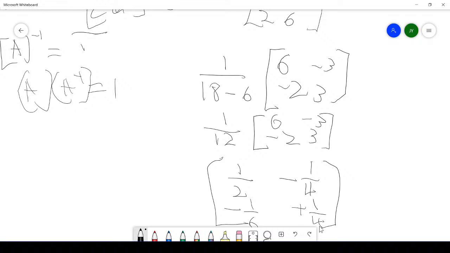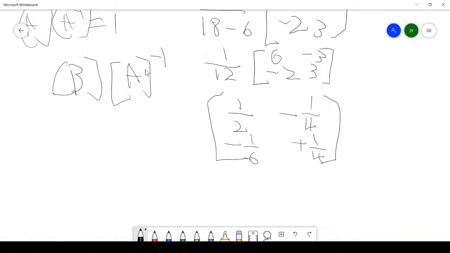And if you needed to divide B by A, you multiply B by the inverse of A. Let's say B is equal to 3, 2, 4.